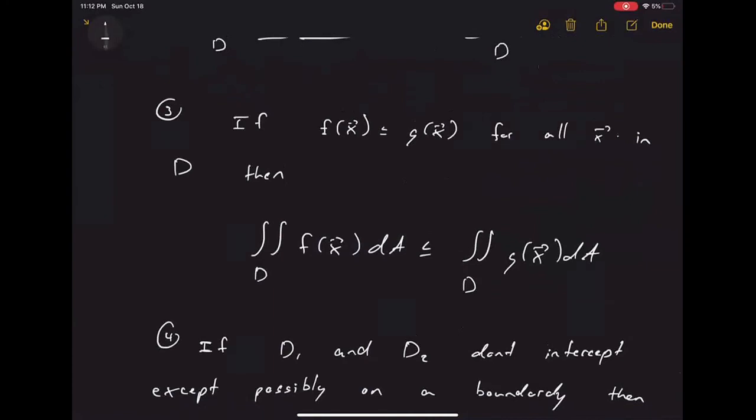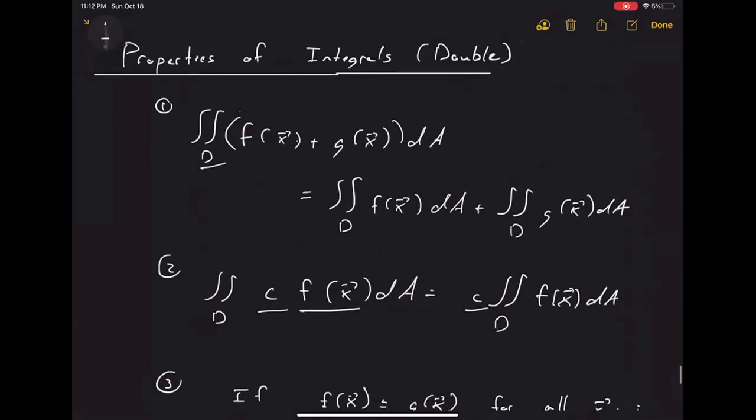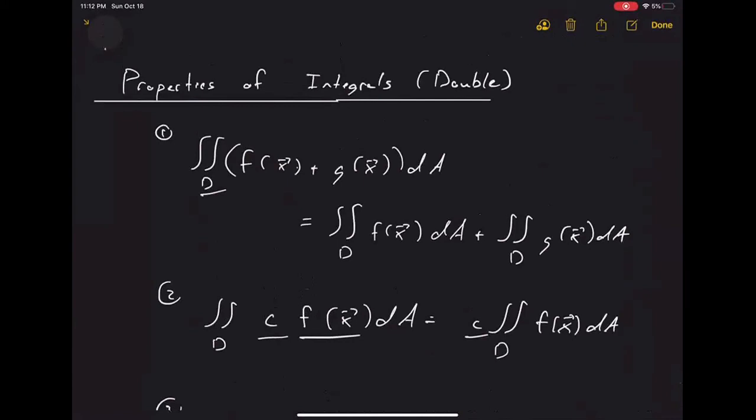But if f of x is always less than or equal to g of x, and let me explain my notation a little bit. I'm writing the vector x instead of f of x, y. These things are equal in this case. I'm writing this vector x because this stuff holds in higher dimensions than just 2.